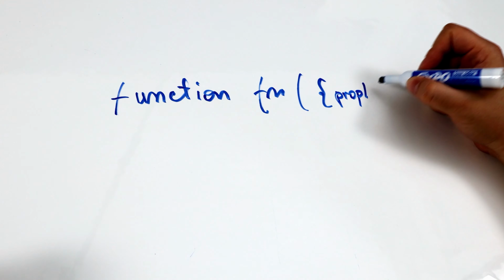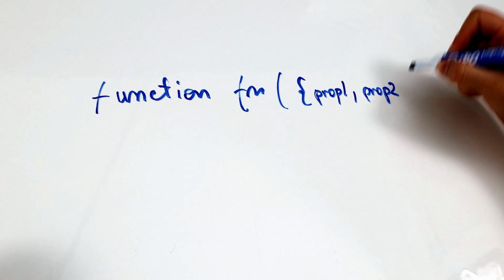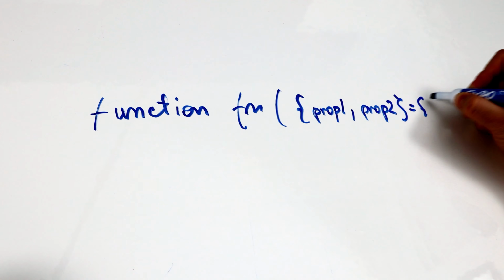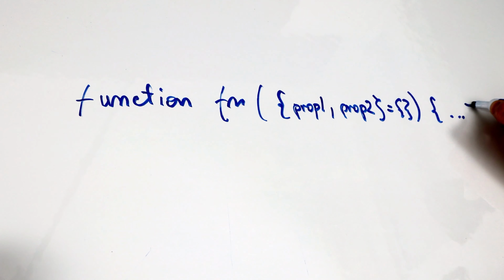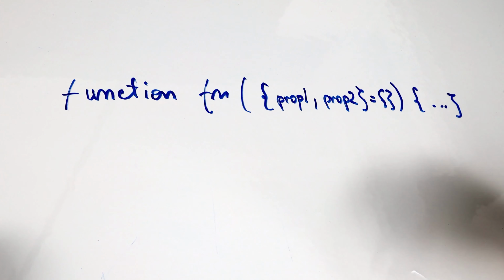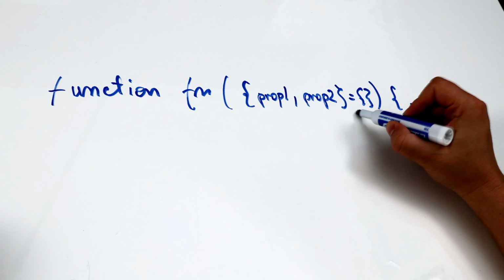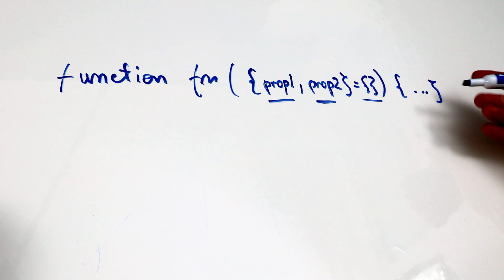Prop1, say prop2, and defaults to empty object, and some body declaration. In this function, the argument is optional, defaults to an empty object, and has two properties. It makes function declaration and the usage so much easier, especially when all or some arguments are optional.